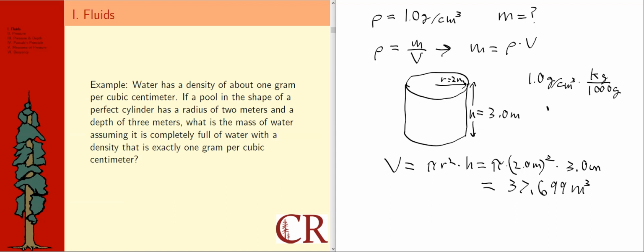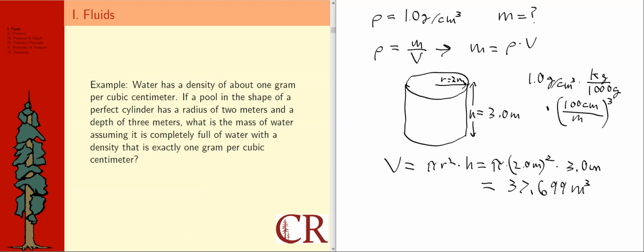Then on the next line, I'm going to multiply by 100 centimeters per meter. However, it's centimeter cubed, so I'd actually want to cube that. So that's really divide by 1,000 multiplied by 100 cubed.